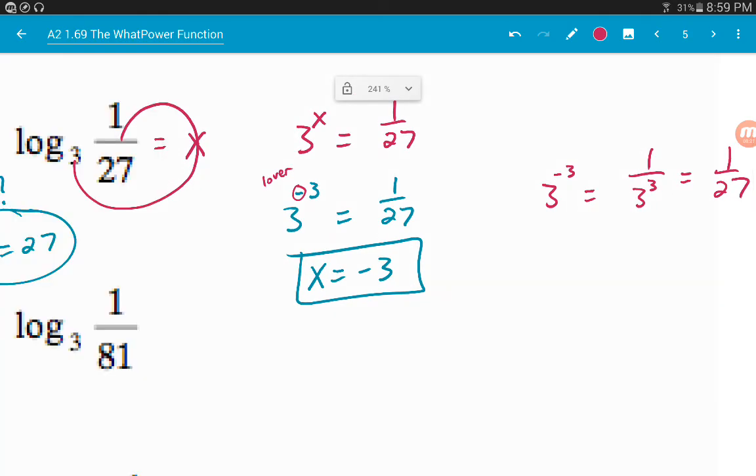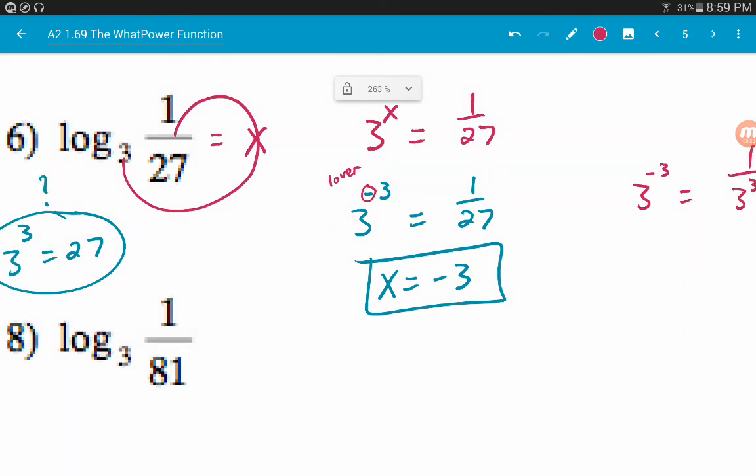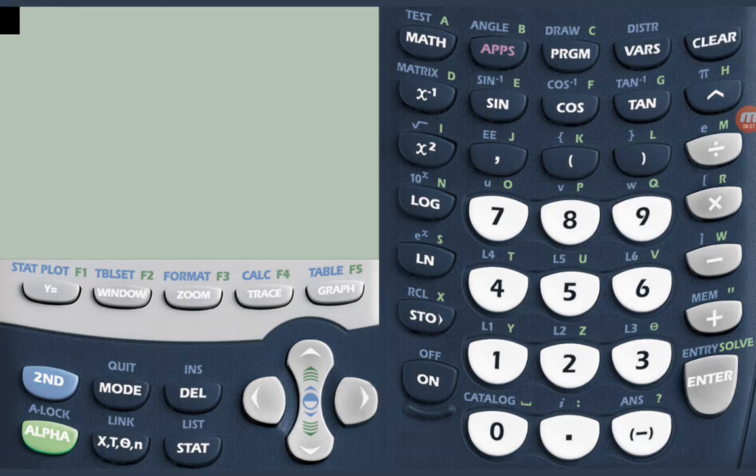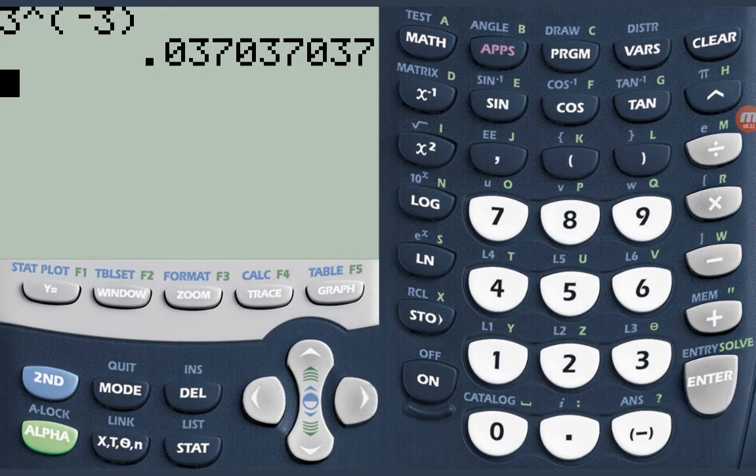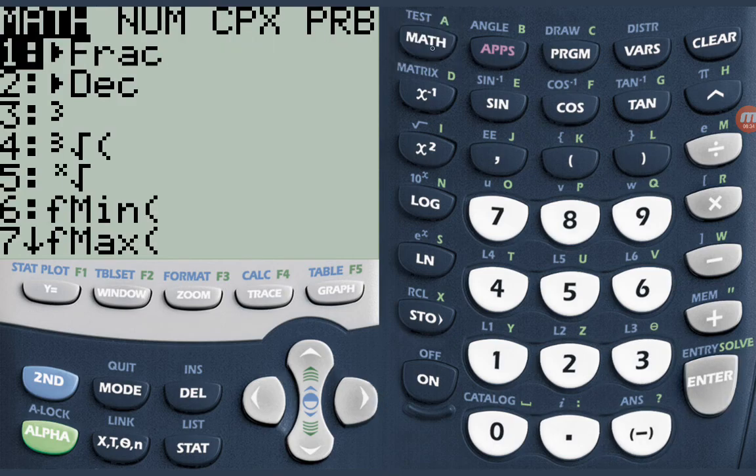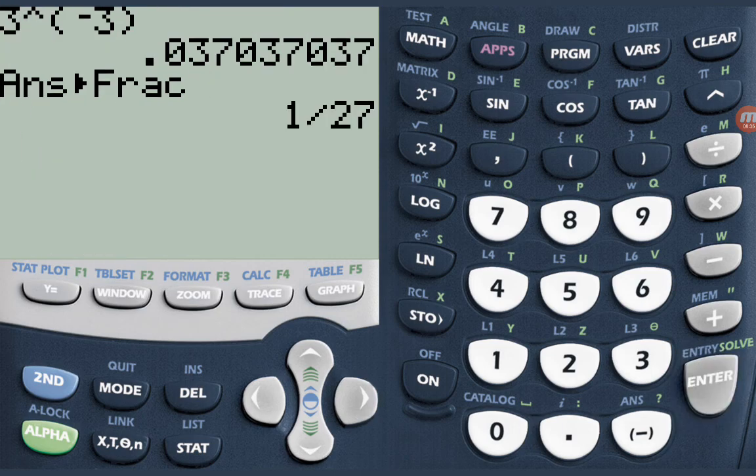I could also check this in the calculator. Three raised to the negative third power is some decimal. Hit math, enter, enter, and it tells me that it's equal to 1 over 27. So you have multiple options to check this.